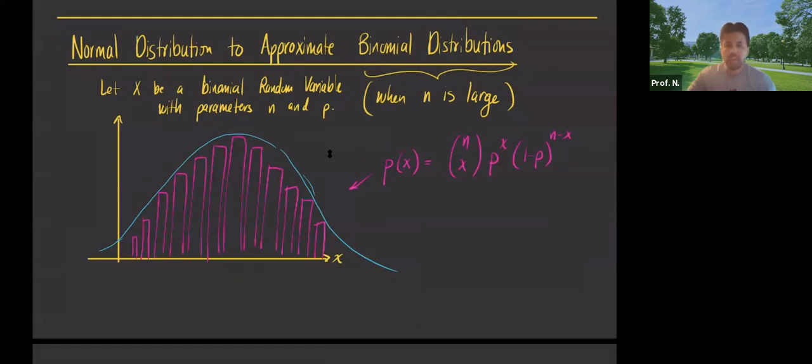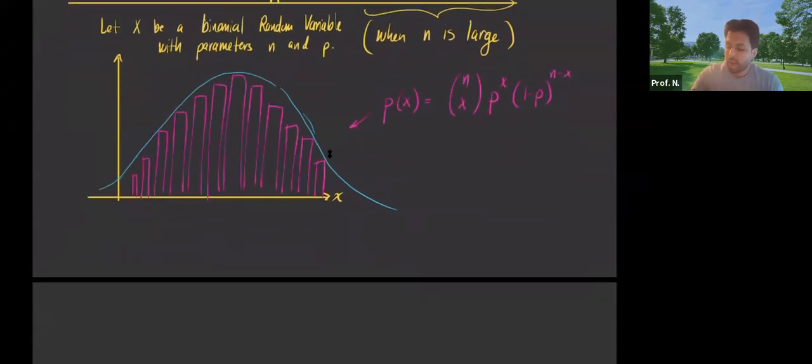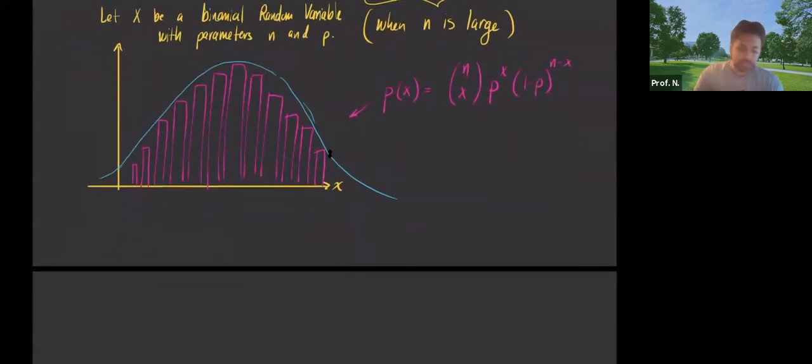So that's why when n is really large, we use the normal distribution to approximate the probability. Now, why is that useful? Well, let's look at an example.